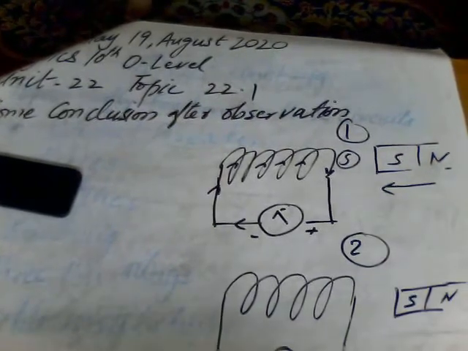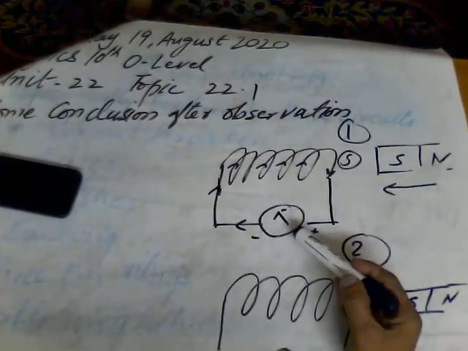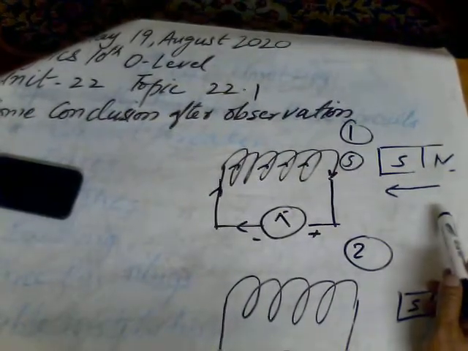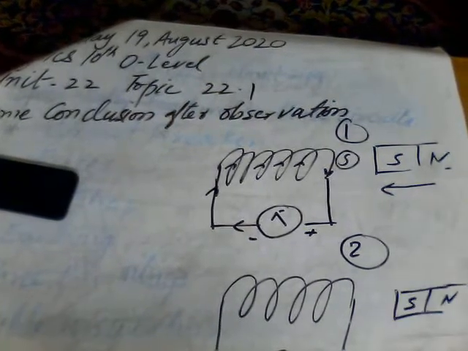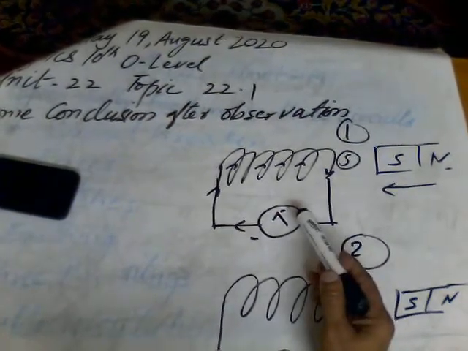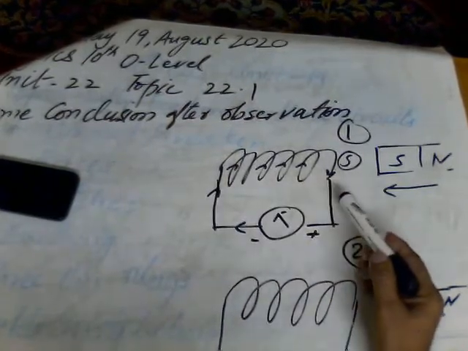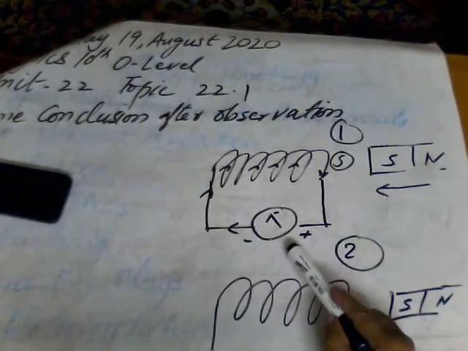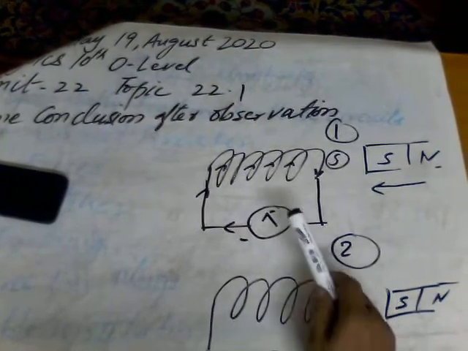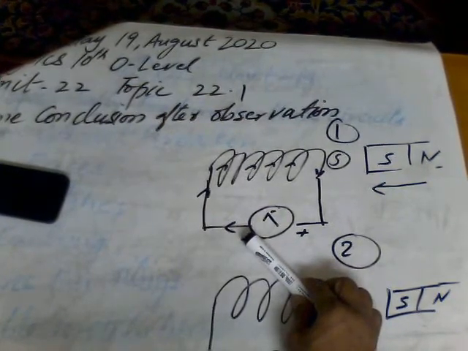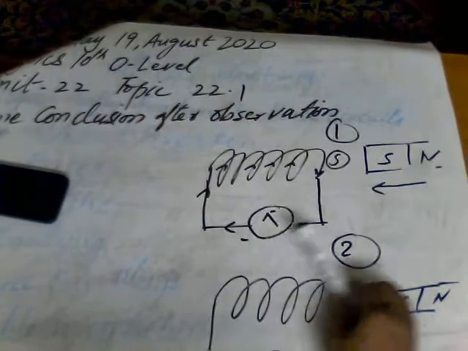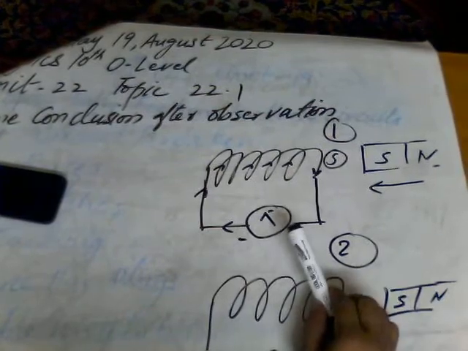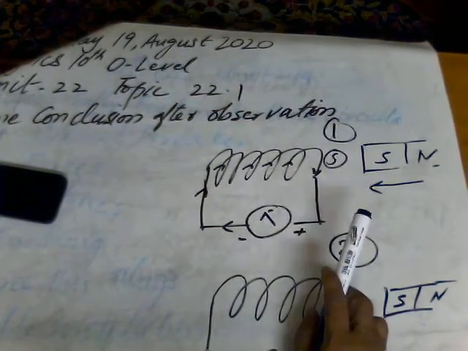As a result, the EMF is produced opposite to the movement of the magnet. The magnet moves from right to left, whereas the current produced in the solenoid is opposite, from left to right, and the needle of the galvanometer deflects to the left side. So the deflection and the movement of the magnet are both in the same direction, from right to left, but the current direction is opposite to both of them.